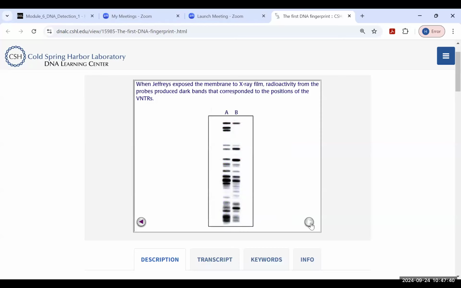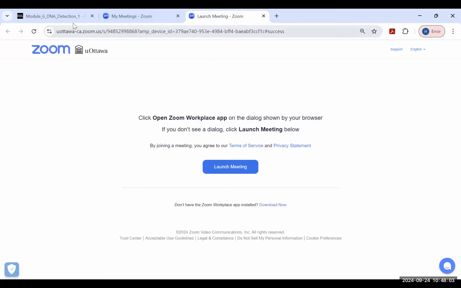You will get a totally different restriction fragment profile in A compared to B, directly telling you that A and B are two different individuals. So this was the first application used to differentiate between individuals based on the restriction enzyme digestion profile.